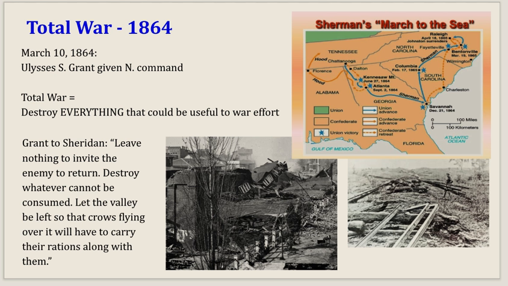And you can see from the pictures what some of the destruction looked like, right? Buildings were destroyed, crops were burned, livestock was killed, fires were set and used to melt railroad track that the South had remaining. As I said, it wasn't Grant himself who carried out this strategy, although it was his idea and his command. But it was Generals Sheridan and Sherman who carried this out in a path called Sherman's March to the Sea.